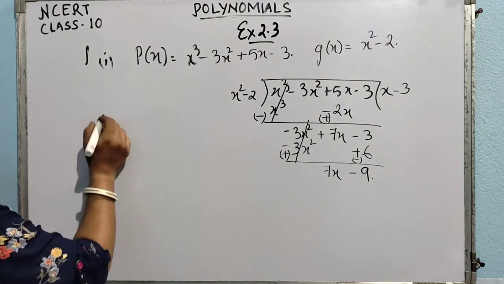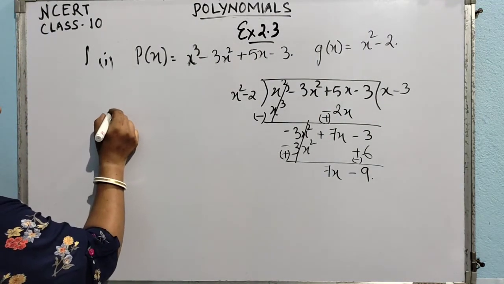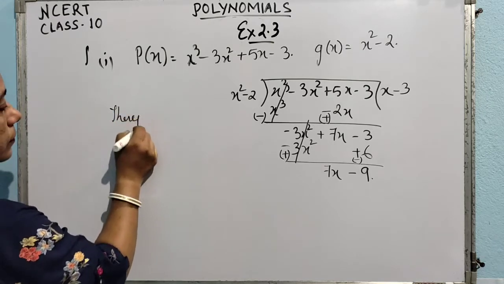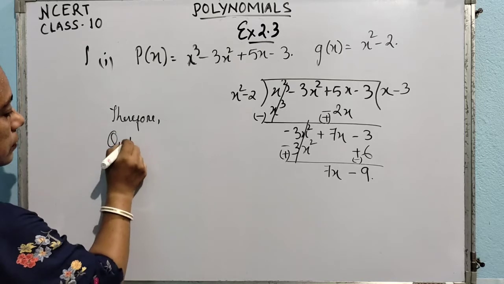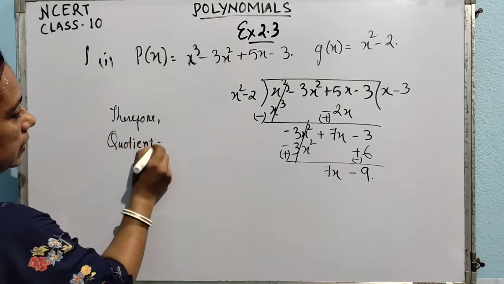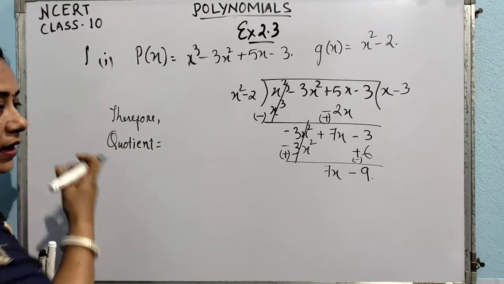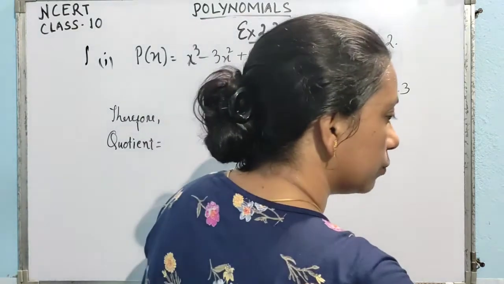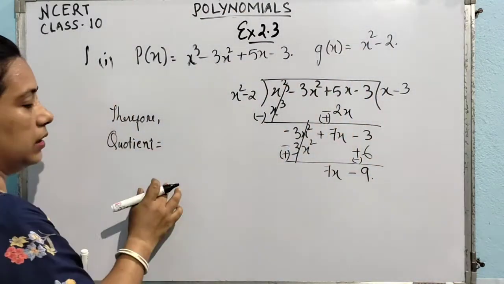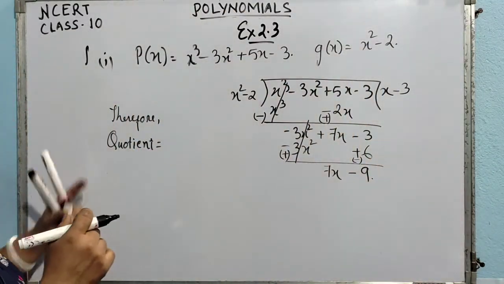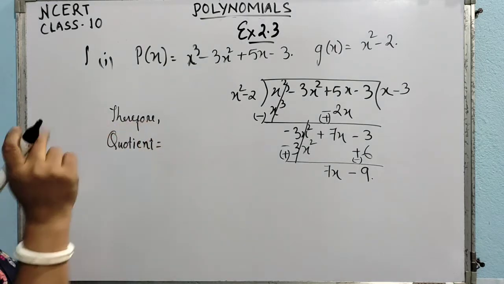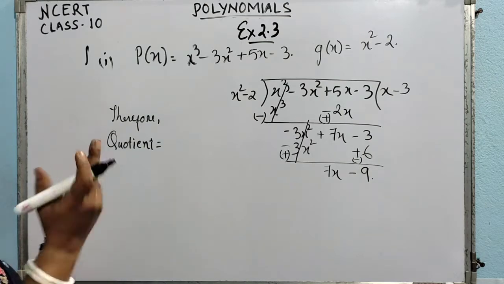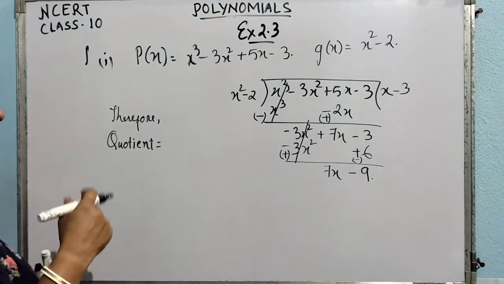So what we can write, therefore, quotient is equal to, they have given in terms of, I think in the question only, quotient only they have written. In some questions they may just give you the question like this, find q(x) and r(x). So q of x means quotient and r of x means remainder.